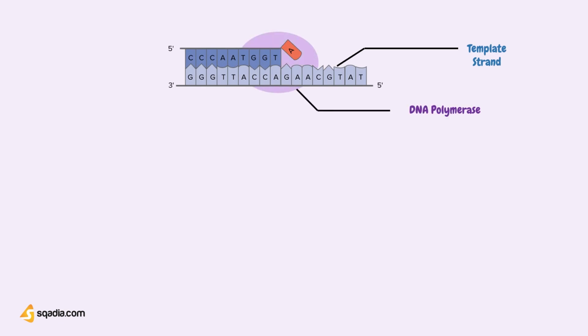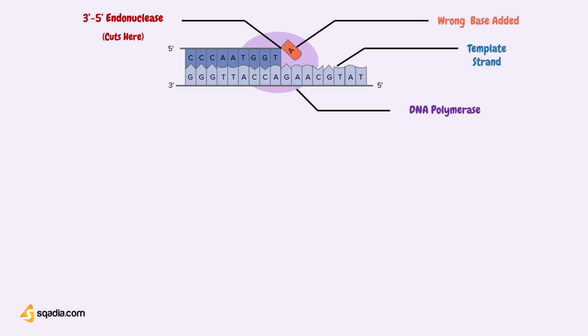If deoxyribonucleic acid polymerase mistakenly adds an incorrect nucleotide at the 3' end of the strand it is synthesizing, the enzyme's 3' to 5' exonuclease activity removes this nucleotide. The 3' to 5' exonuclease activity cuts here.